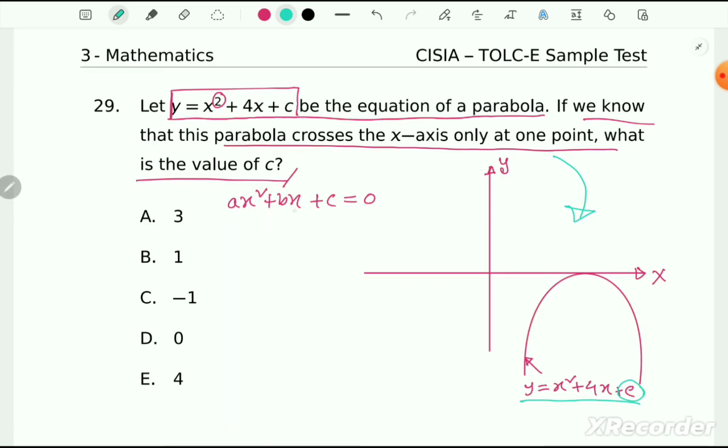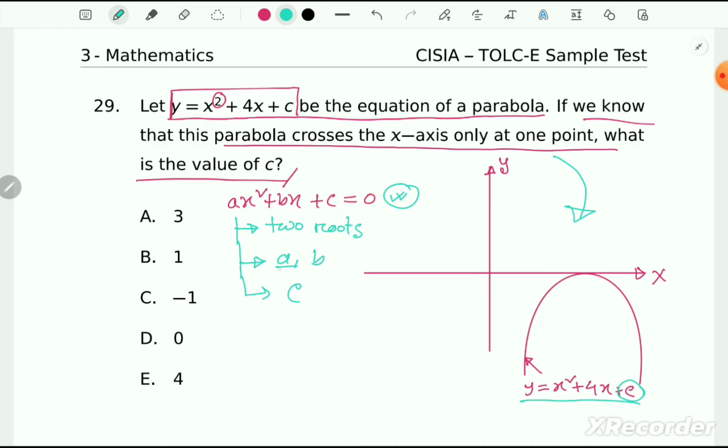Let's consider again this equation. This is called a quadratic equation, and it has two roots. The properties of a quadratic equation: it has two roots and maximum power 2, with coefficients a, b, and constant c.